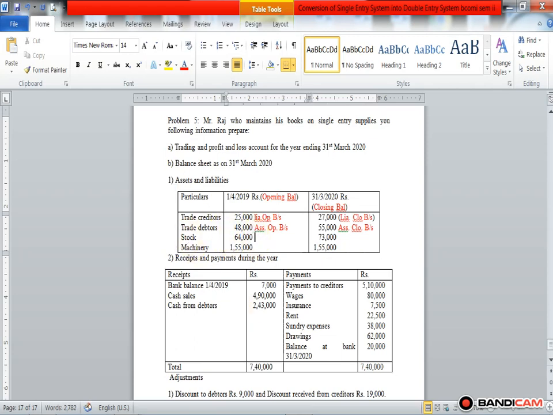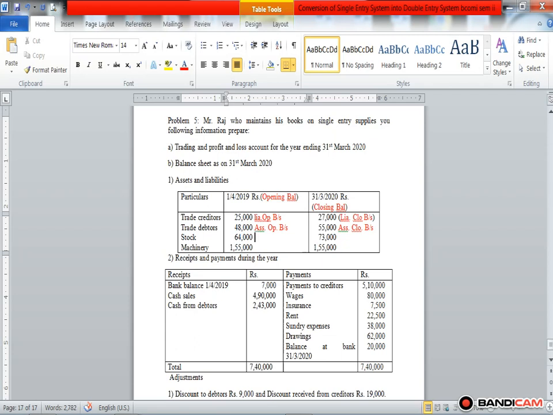Stock, opening stock here. Stock has four effects in single entry conversion to double entry. When we convert to double entry, stock has four effects. Opening stock, first effect, is transferred to the opening statement of affairs, and second, to the trading account debit side.